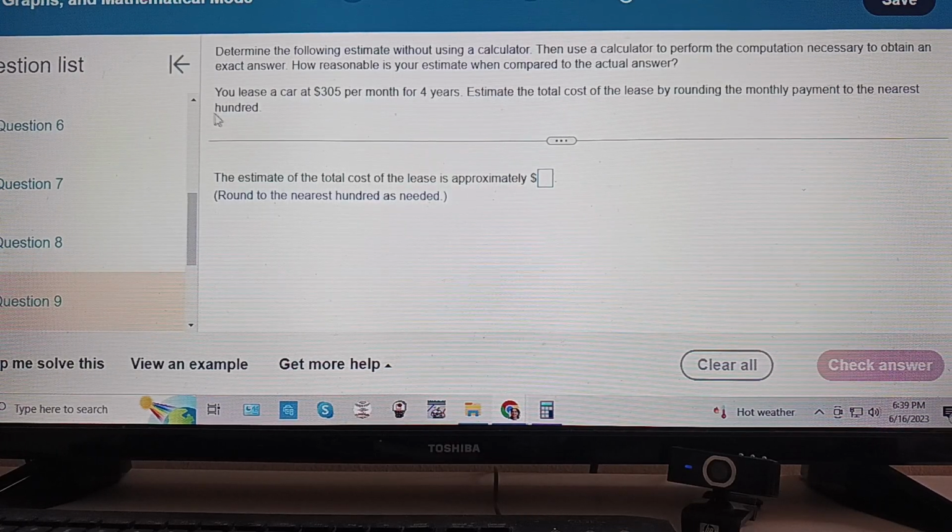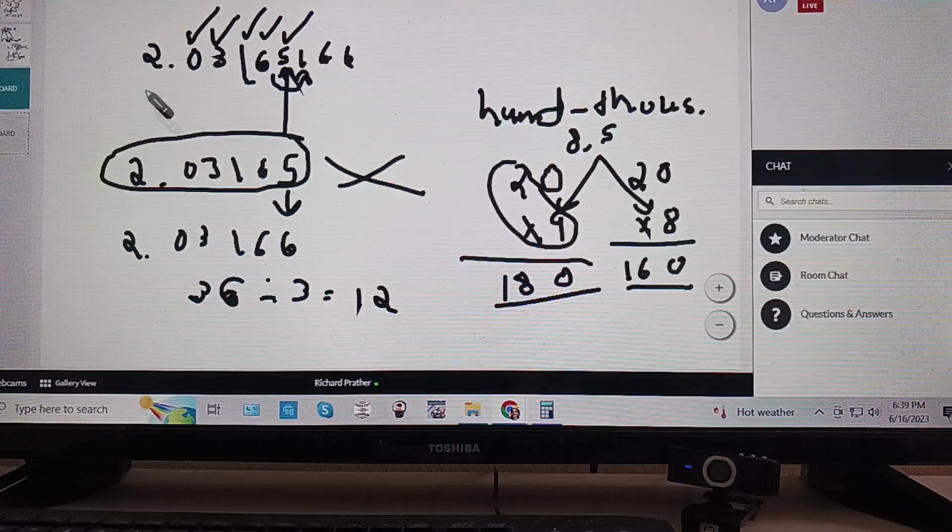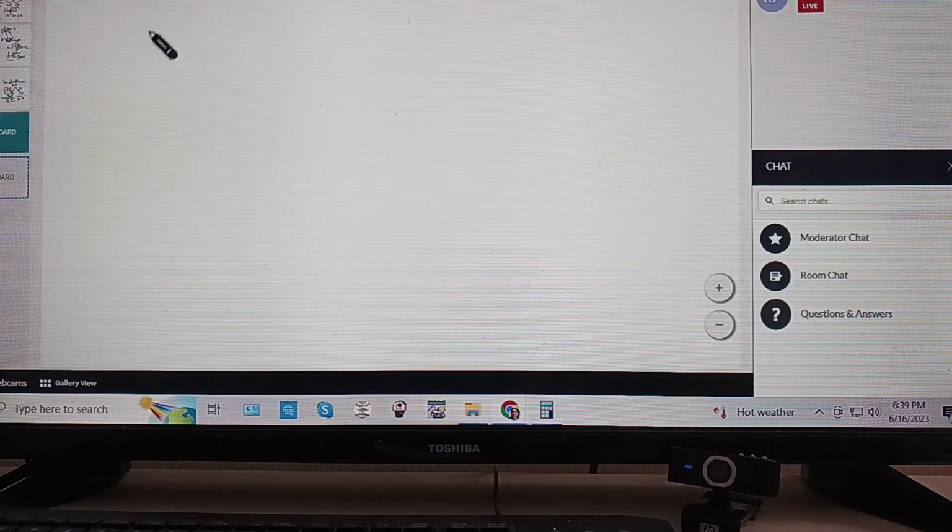Okay, what if I want to rent a car for $305 per month, or lease a car, I guess, and then do that for 4 years? Estimate the total cost by rounding the monthly payment to the nearest 100. Okay, so we're doing $305 per month, but round to the nearest 100. So we did that earlier. 305.